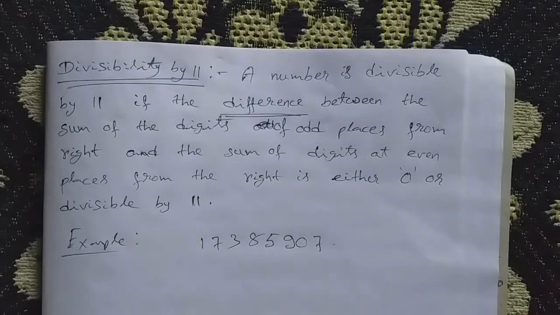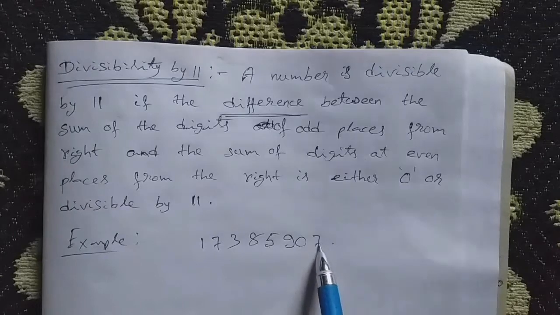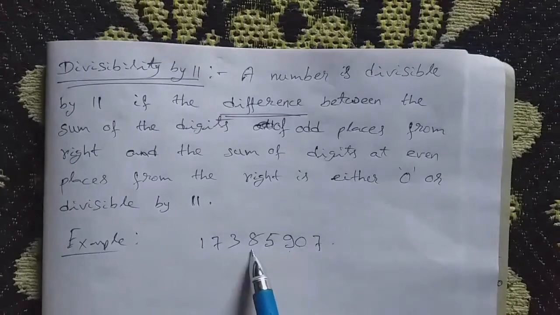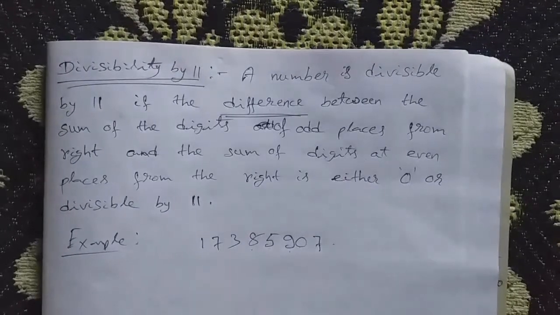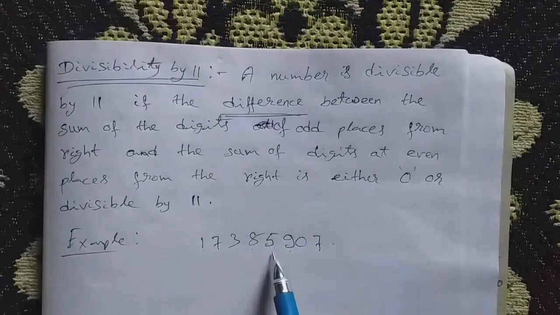Now choose the odd places digits. Odd places digits means odd places from the right. Here the odd places digits are 7, 9, 8, 7. And the even places digits are 1, 3, 5, 0.